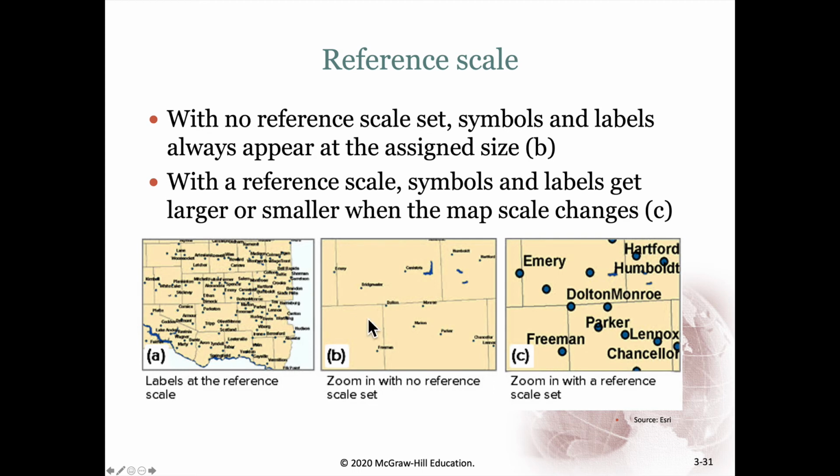So this would be zooming in with no reference scale set. But if you do set a reference scale, then as you zoom into an area, it's going to look like you're taking a magnifying glass to this first map in A here, and putting the magnifying glass over it. Everything is going to get bigger, including the size of the symbols and the size of the labels that you include there. So the reference scale can be quite useful for that.